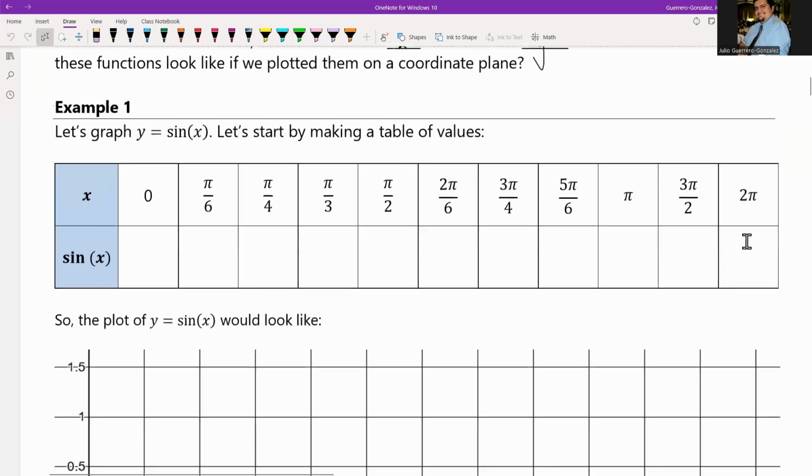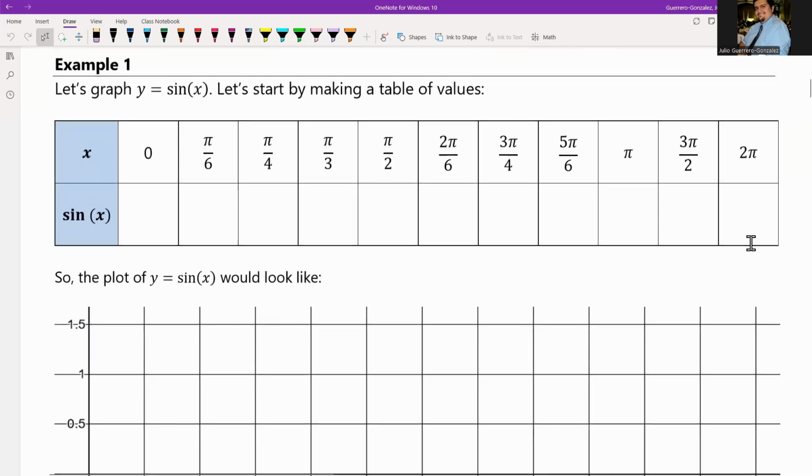So, the first thing I want everybody to do is go and grab your unit circle, because all of these values that I'm about to spit out are from the unit circle. If you've got your unit circle in front of you, I'm going to fill in this big huge table of values, just like I did with every other function I've shown you.